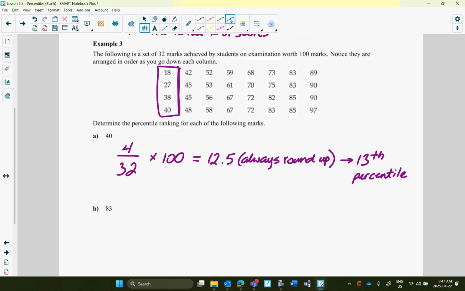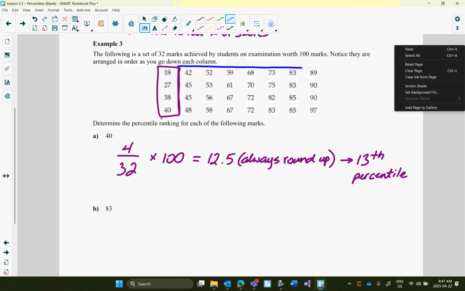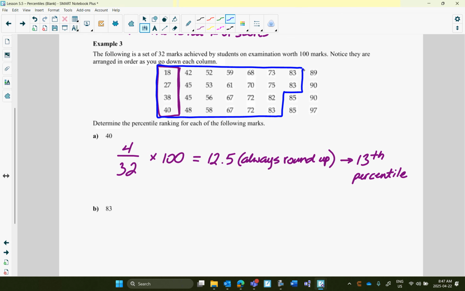What about a mark of 83? Remember, all the ones that are the same as or lower. How many? Looks like we've got all of those. So it would be how many? 26.